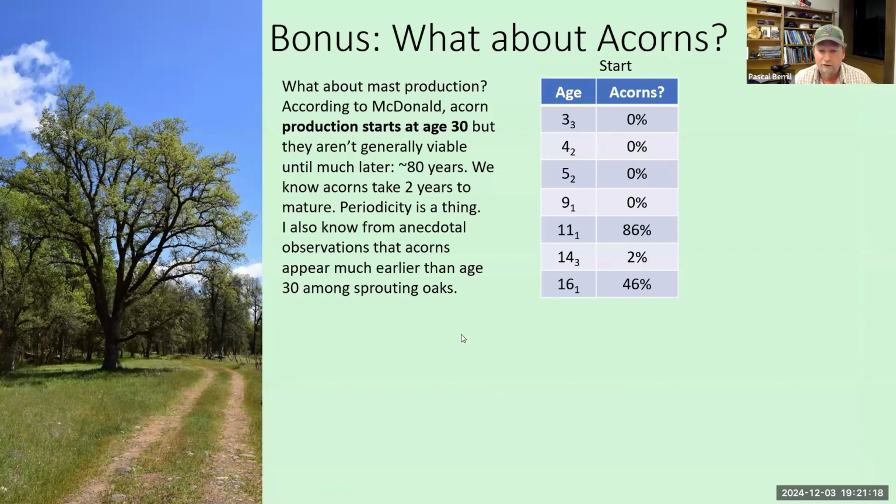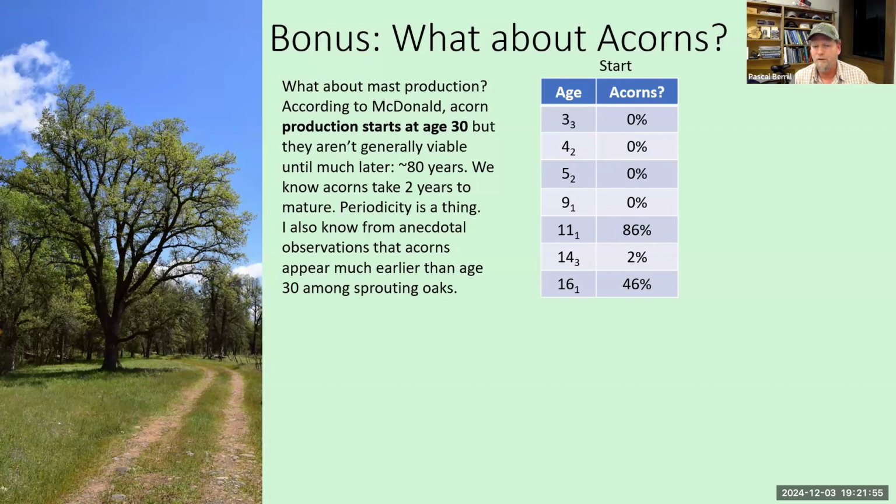We found, counter to other studies that said production doesn't start till age 30, that 86% of the clumps that were age 11 in this one wildfire were already producing acorns. So 11-year-old sprouts, 86% of the clumps had acorns. And then after 16 years in this other fire, only 46% had acorns.